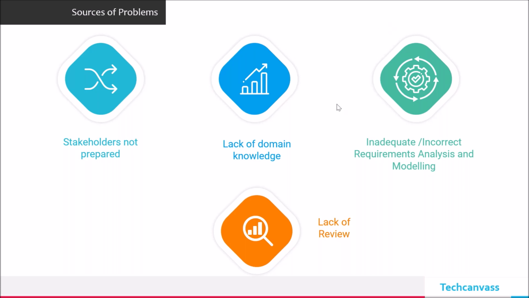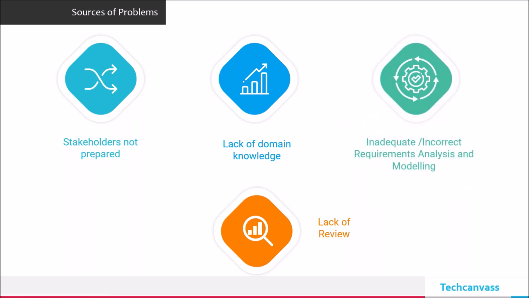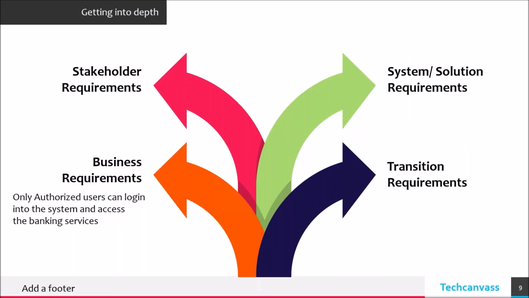So what we are going to do is look at requirements analysis and modeling with the help of two examples. I'm picking a simple example because it's a short webinar and we can't take a full-fledged business application to explain. Let's start with a simple business requirement.